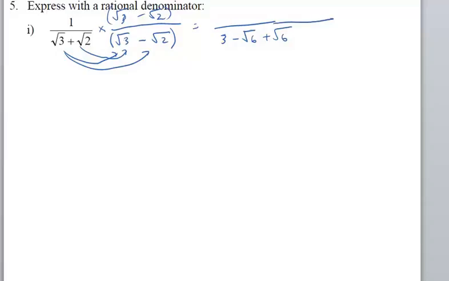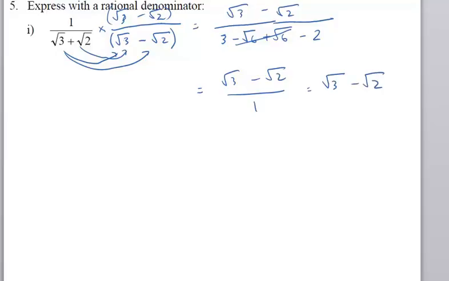Here and then here we have positive square root of 2 multiplied by negative square root of 2, we're going to end up with negative 2. And it's 1 times the square root of 3 minus 1 times the square root of 2. So here we're having square root of 3 minus square root of 2. These two cancel each other out. 3 minus 2 gives us 1. Any fraction on 1, square root of 3 minus square root of 2 there.